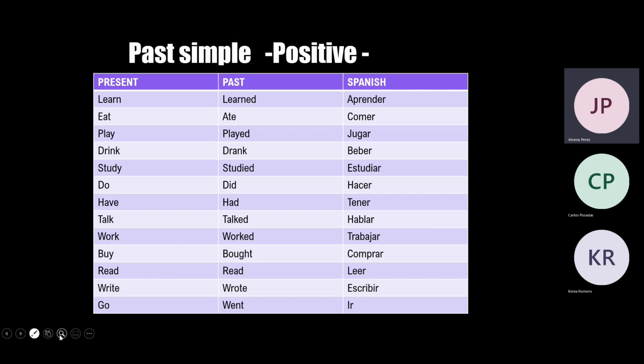Do you remember that I gave you a verb list? Do you remember checking the first verbs? Okay, so what we're going to do is the test.